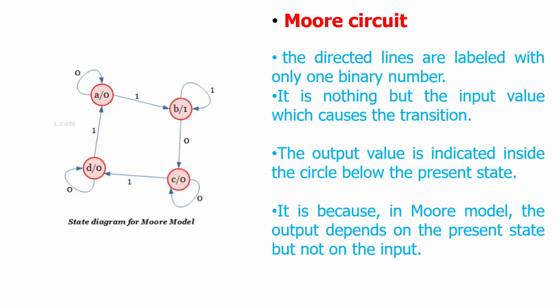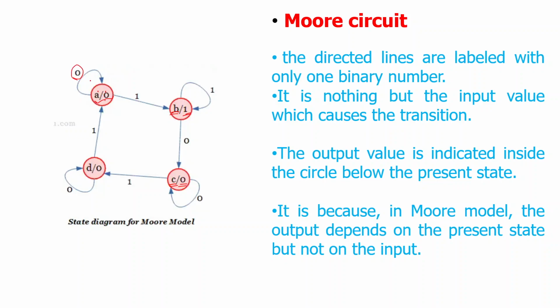Next, the Moore model. In a Moore circuit, the output is not written explicitly on the lines; instead it is written within the circle. That is, it depends only upon the present state. So in this state, the output is 0. In state B, the output is 1. It won't depend upon the input. For state C, if the circuit is in state C, then the output must be 0. So here the output depends only upon the state, not the input.